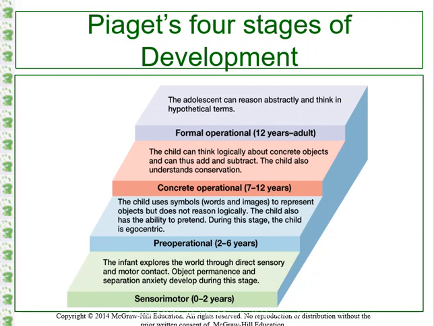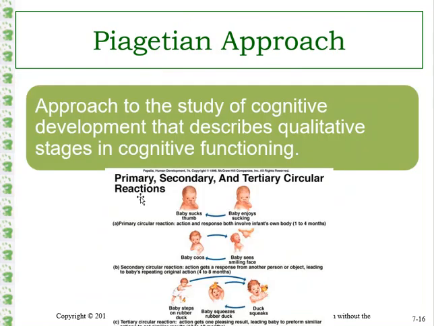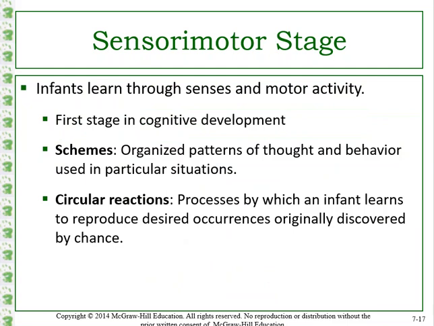Okay, so overall, the Piagetian approach, as I said, is part of the cognitive domain or the cognitive umbrella when it comes to child development. So whenever you think of something cognitive, we're trying to understand how we think, how we process information. So the first stage that we're going to talk about is the sensory motor stage, according to Piaget.